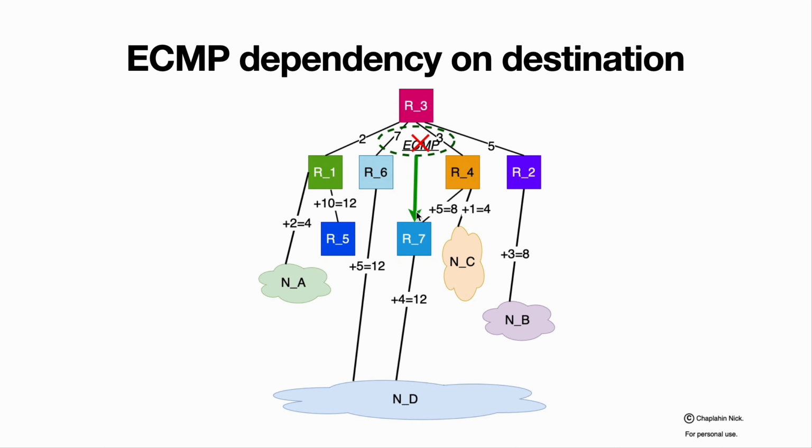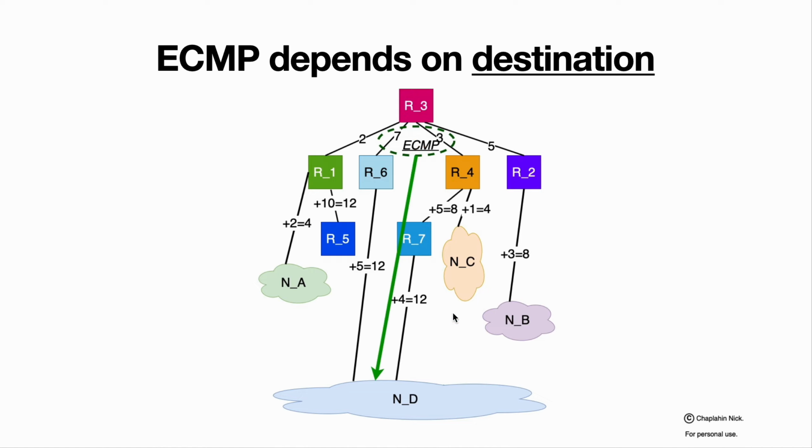In other words, when we send traffic to network D, the system on R3 supports ECMP group creation, traffic balancing or hashing, call it whatever you want, then traffic destined to network D on R3 can be balanced between R6 and R4.